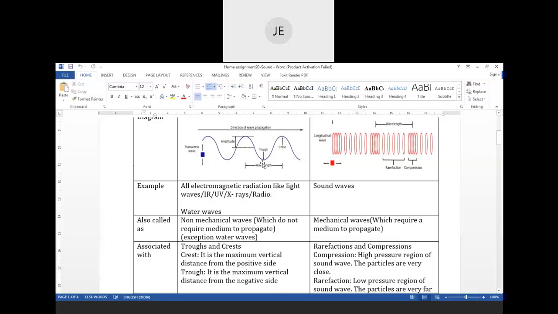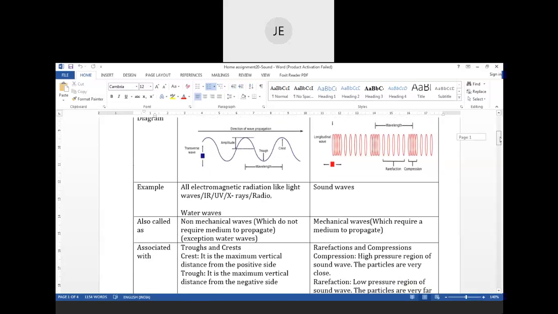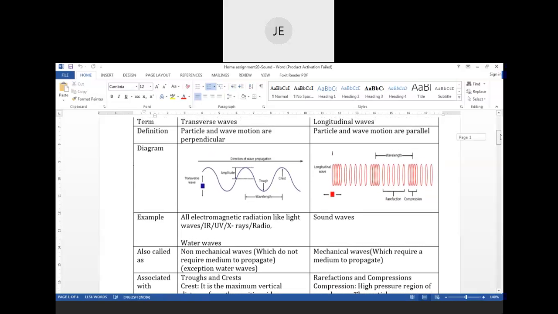Like there are ups and downs. These ups and downs are called crests and troughs for transverse waves. And for longitudinal waves, we say compressions and rarefactions.